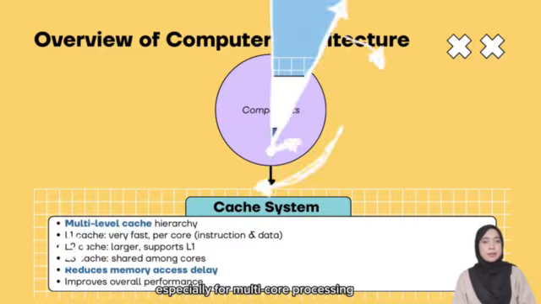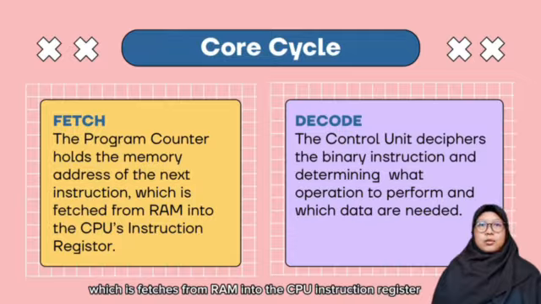Next is the instruction cycle. What is the instruction cycle? The instruction cycle is a step-by-step process for the CPU to process data through the fetch, decode, and execute cycle. The first stage is fetch. The program counter holds the memory address for the next instruction, which is fetched from RAM into the CPU instruction register.